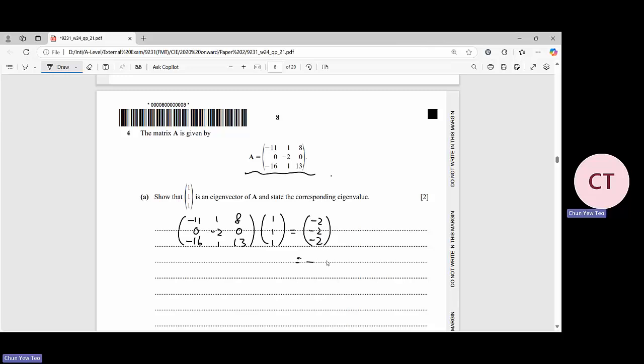So we factorize the -2 out. You get 1, 1, 1. The value here and the value here are the same. So the multiple of -2 will be your eigenvalue.